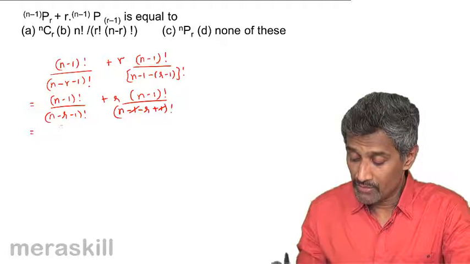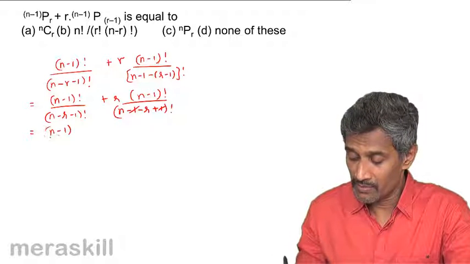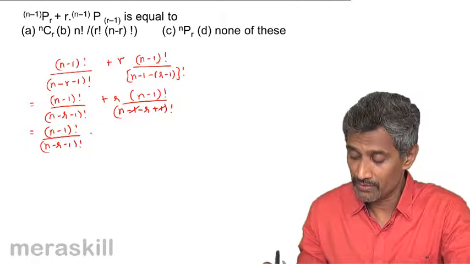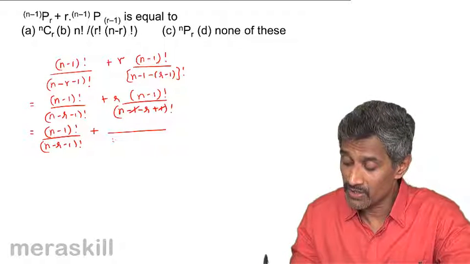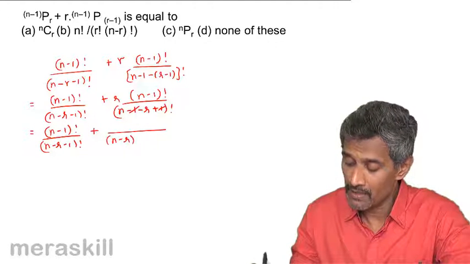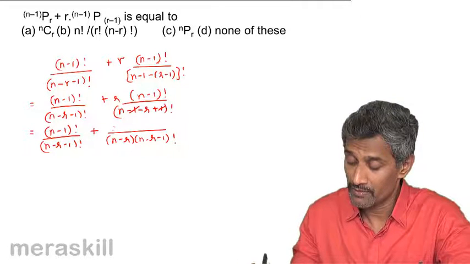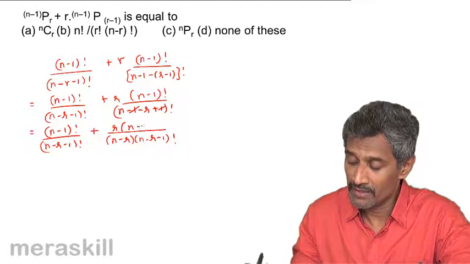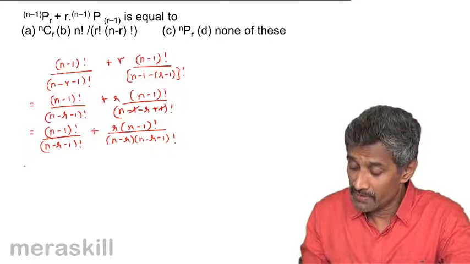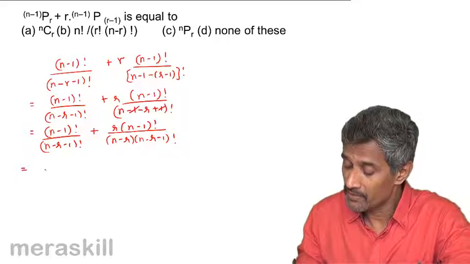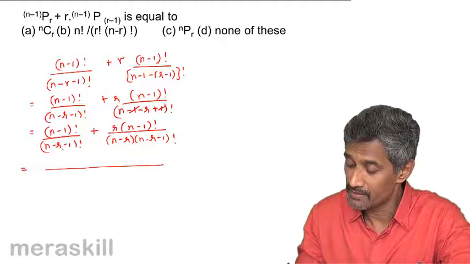Now here, how can we do? We can write this as (n minus 1) factorial upon (n minus r minus 1) factorial plus (n minus r) factorial can be written as (n minus r) into (n minus r minus 1) factorial. Numerator is r into (n minus 1) factorial. Now here we can further simplify. In the numerator, we take it as this into this.